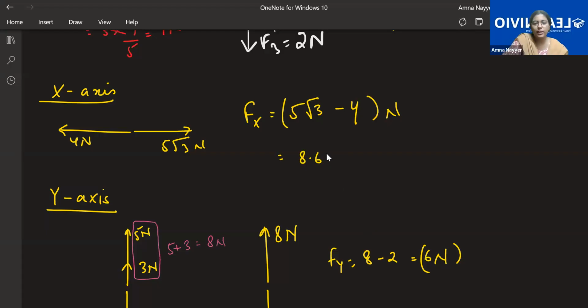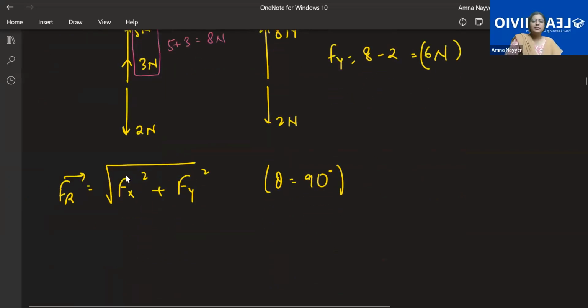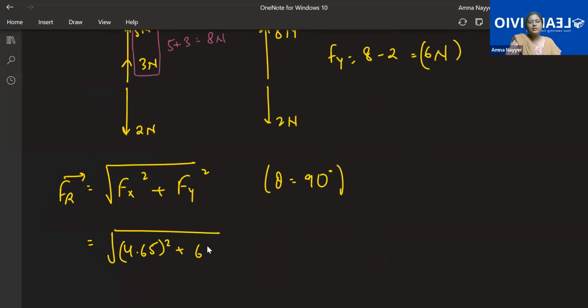Around 8.65 minus 4, which is 4.65 Newton. So the final answer will be under root of 4.65 whole square plus 6 whole square. This will be the result.